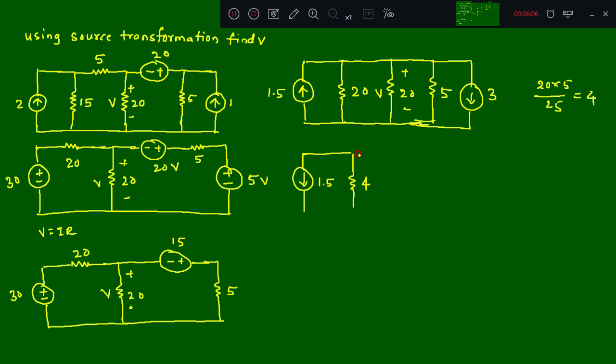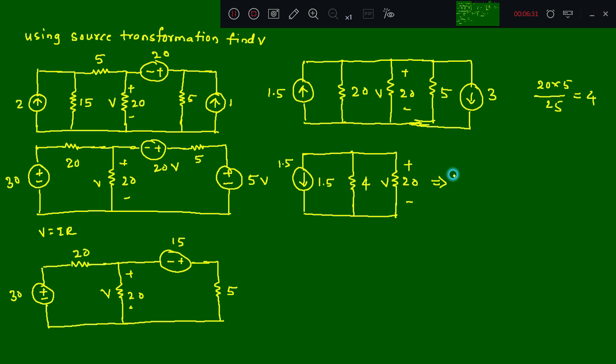And then this will be 20 ohm as it is, plus and minus here V. The magnitude of the current source here is 1.5 amperes in the downward direction. So we need to find V here. Furthermore, we can convert this current source into a voltage source with a series resistance.